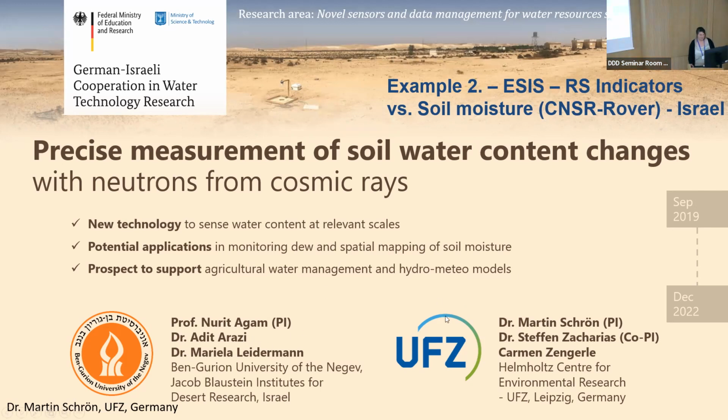Martin Schrön started to measure soil moisture, water content in the desert, and in the future also to integrate this sensor type in the train, so that we can measure each day, each trail with this technique.